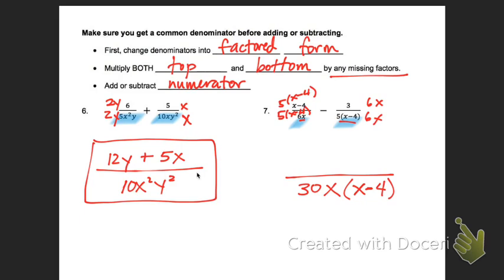So I end up getting 5x minus 4 squared minus 18x. Can you cancel out the x minus 4s?